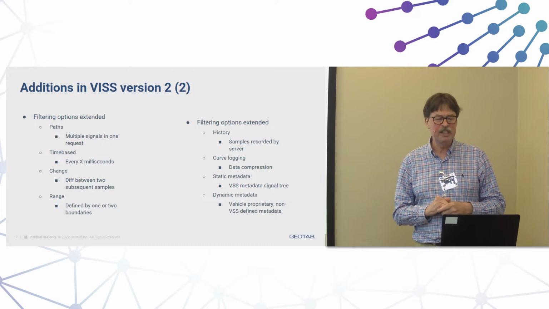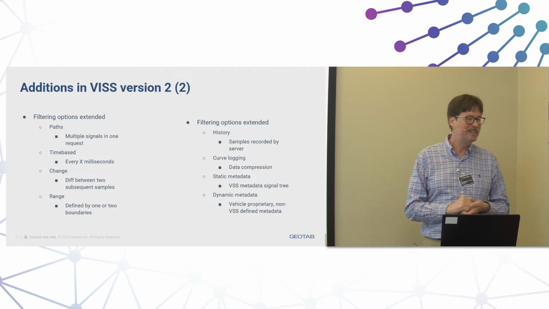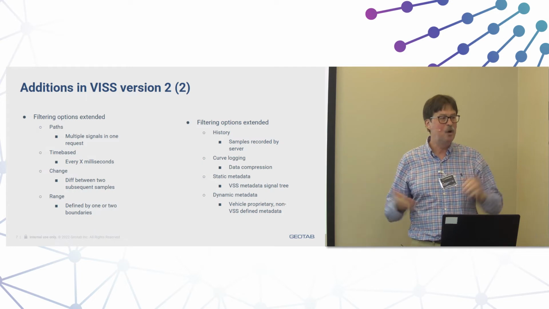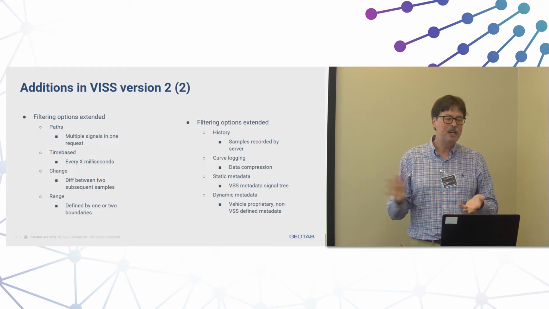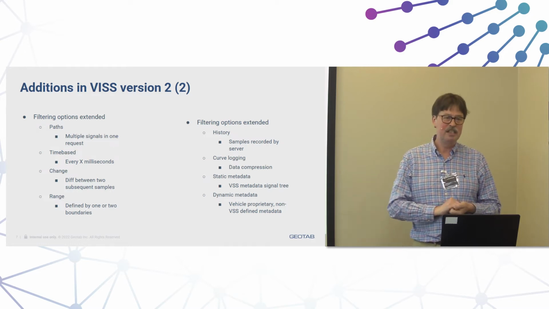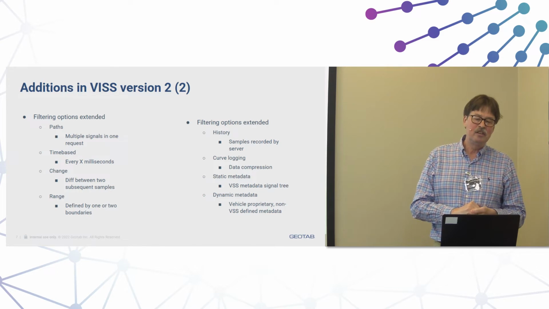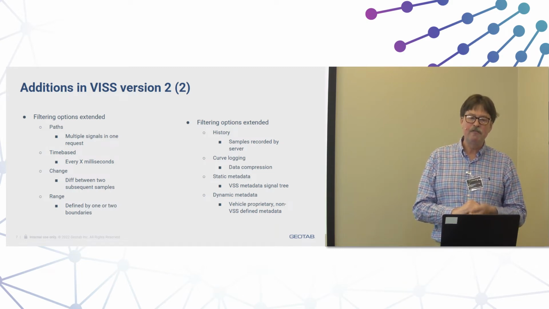Curve logging is a data compression method that was invented by Geotab, but Geotab has made the license open for anyone to use, and hence it has been possible to include it into W3C and Covesa, since it's a license that anyone is allowed to use. It can compress, we think, in a very fitting way.